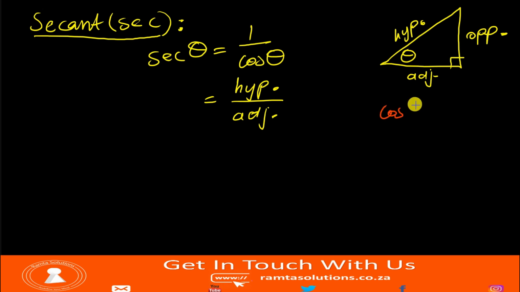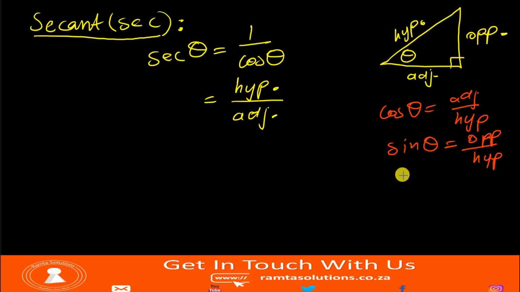Remember, cos theta was adjacent over hypotenuse, while sine theta was opposite over hypotenuse, and tan theta was opposite over adjacent. So now your definition of secant is hypotenuse over adjacent.